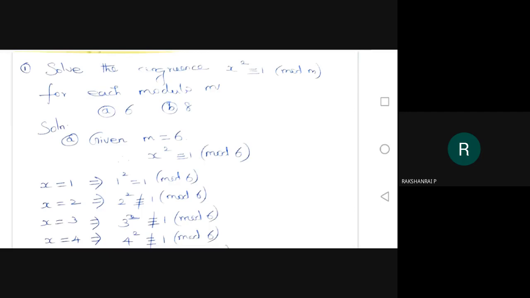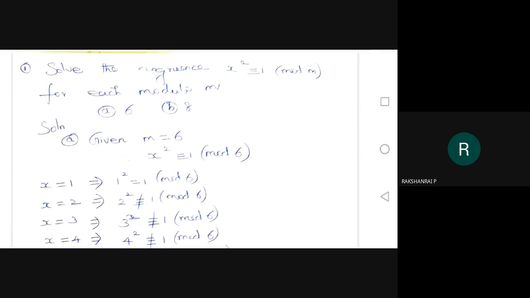Initially I put x equal to 1, so 1 satisfies the given congruence. Then put x equal to 2. So 2 square is 4. 4 is not congruent to 1 under mod 6.